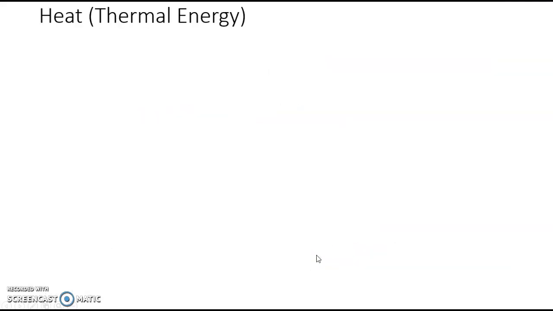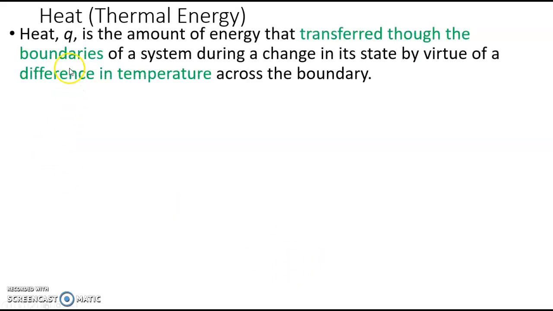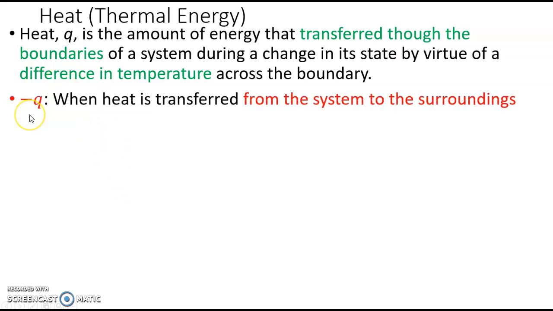So heat is another way in which internal energy can be changed. Heat, given the symbol Q, small letter q in this case, that's the amount of energy that is transferred through the boundaries of a system during a change in its state as a result of a difference in temperature. And in a similar way, when the system loses heat, so that's when heat is transferred from the system to the surroundings, Q is negative.